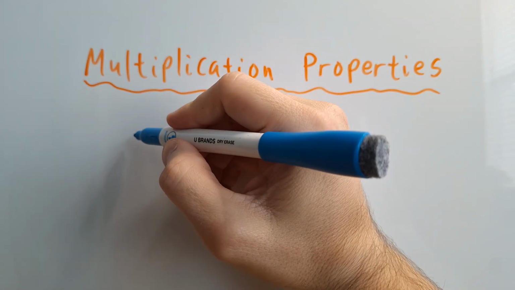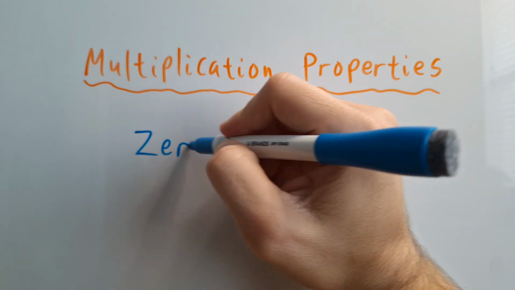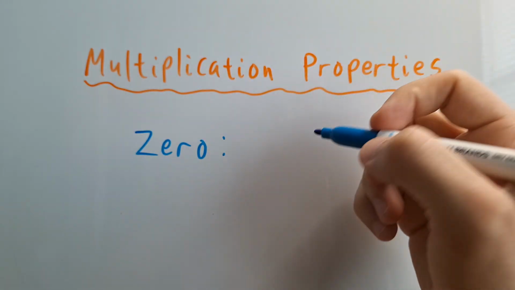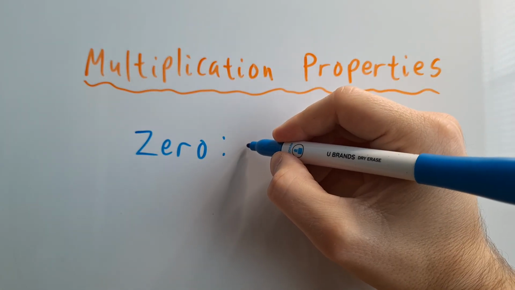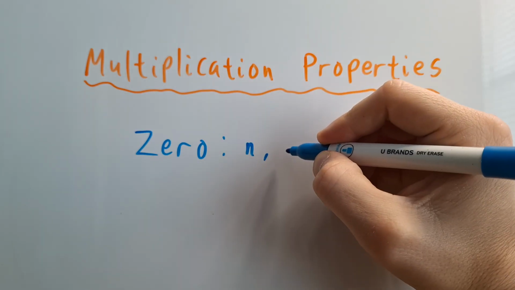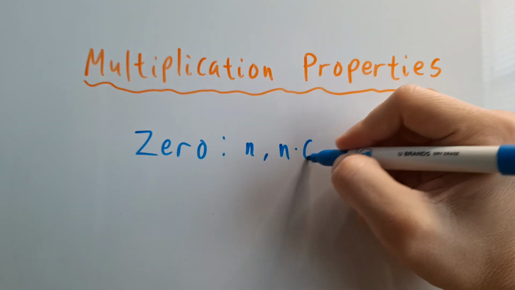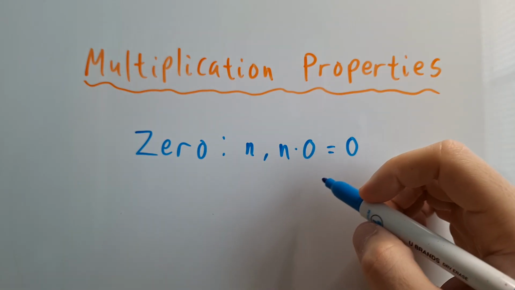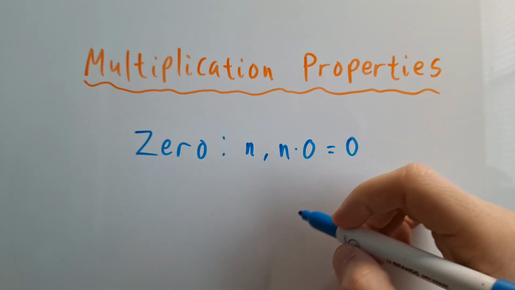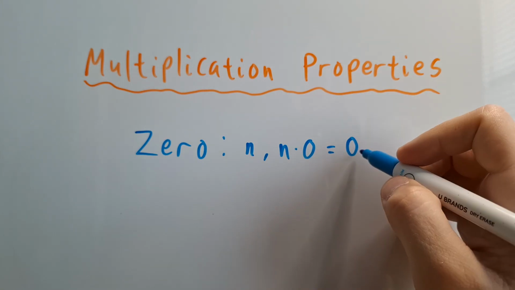Speaking of 0, the multiplication property of 0, which I kind of talked about earlier, states that for every real number n, n times 0 is equal to 0. Multiply any positive number, any negative number, times 0, and you get 0.